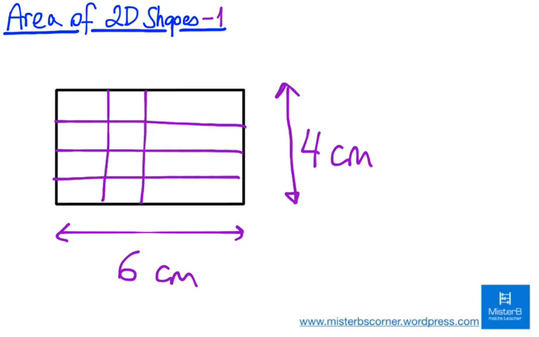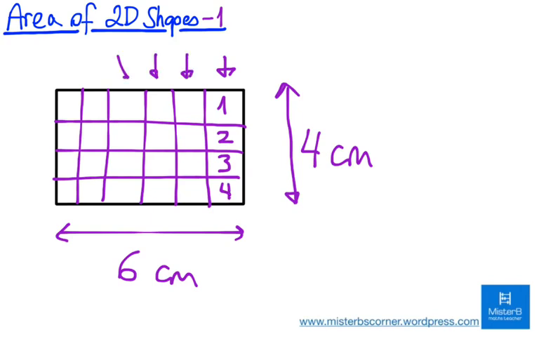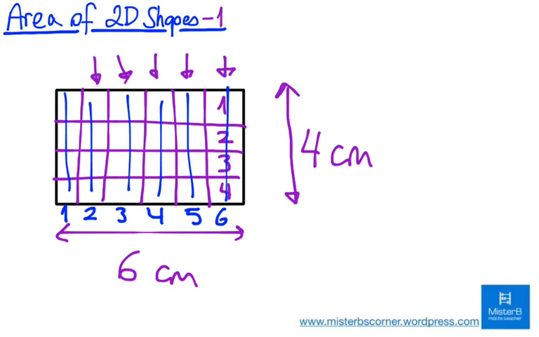Try to consider these as squares, although they're not. So I have in this column 1, 2, 3, 4 squares, and in each column I have 4 squares. How many such columns do I have? Well, I have 1, 2, 3, 4, 5, 6 columns of 4 squares.